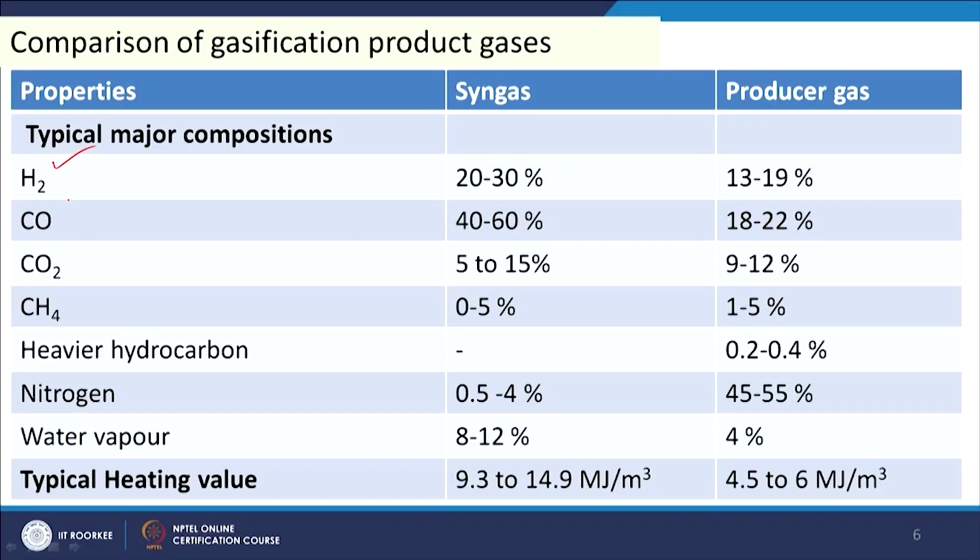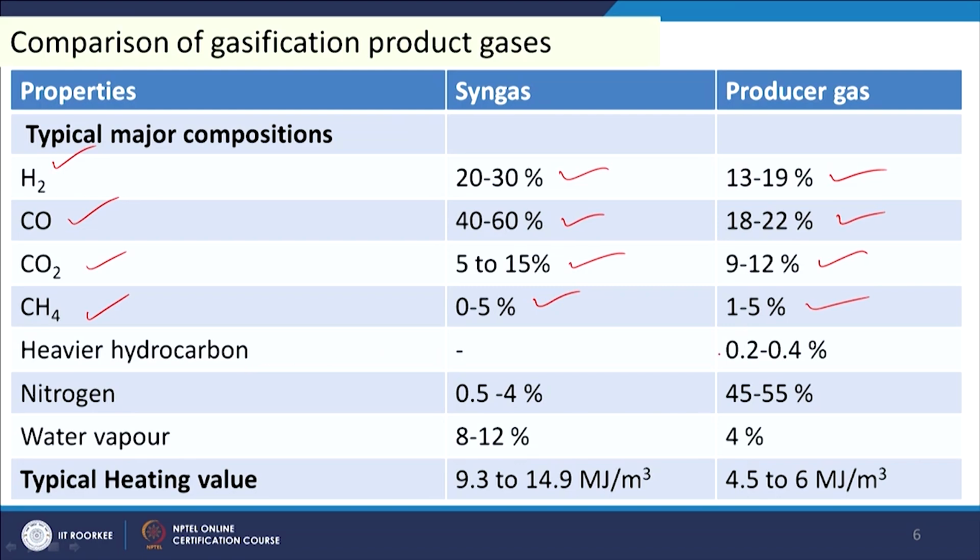Now, what is the composition of the syngas and producer gas? Here hydrogen, CO, CO2, CH4 ranges are provided for syngas. Hydrogen is 20 to 30% and for producer gas 13 to 19%, CO for syngas 40 to 60% and producer gas 18 to 22%, CO2 5 to 15% for syngas and 9 to 12% for producer gas, and CH4 0 to 5% for syngas and 1 to 5% for producer gas.